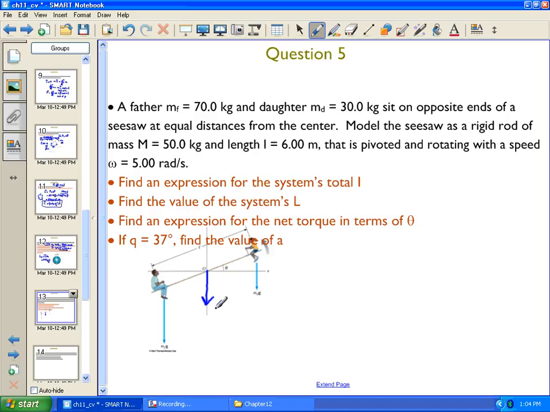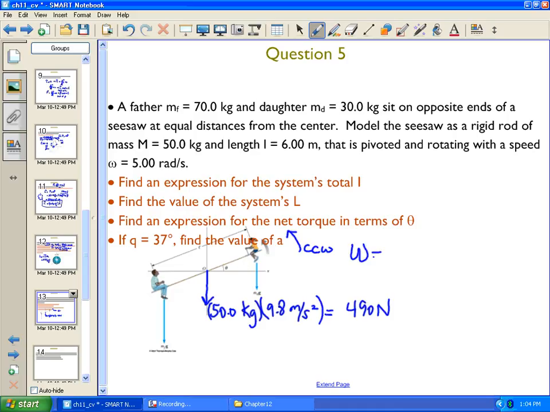So here, 50 kilograms times 9.8 meters per second squared gives us the weight of this board as 490 newtons.